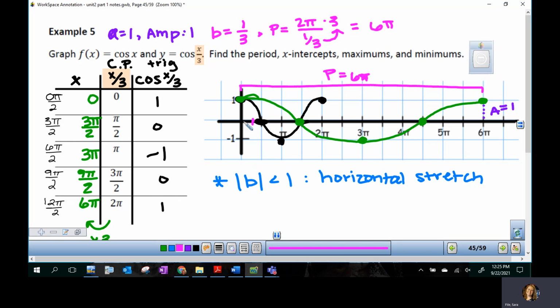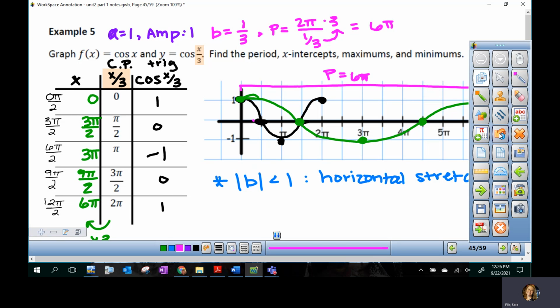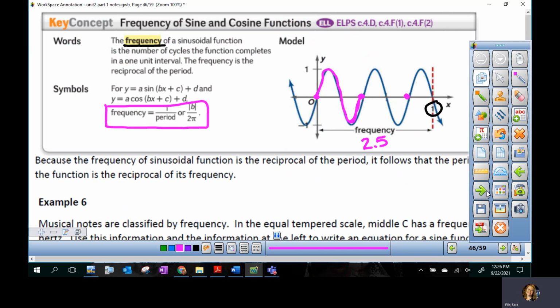What that means is this is about 5% of 1 cycle. It's about 5% of that green graph. Y'all follow that? So the frequency here of the green one is 0.05. It's very small. Y'all good with understanding what frequency is measuring on the graph or in a function?